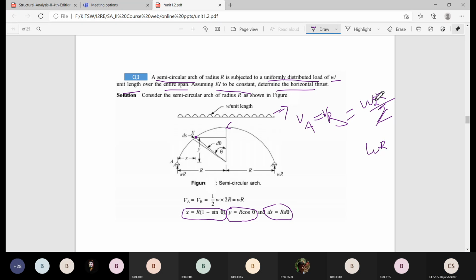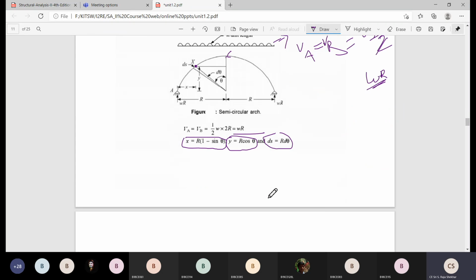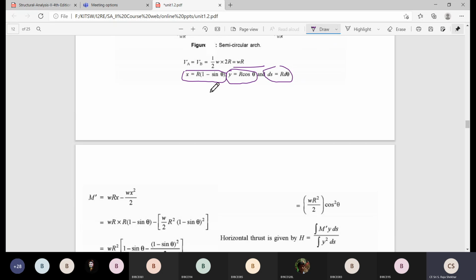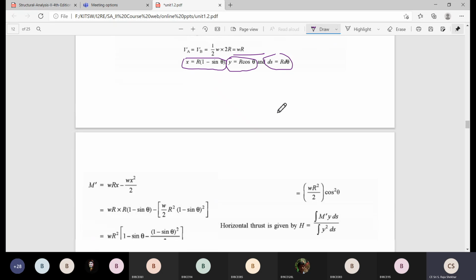So VA is equal to VB is equal to small w into capital R. Also x is equal to R into 1 minus sin theta, y is equal to R cos theta, and ds is equal to R into d theta.